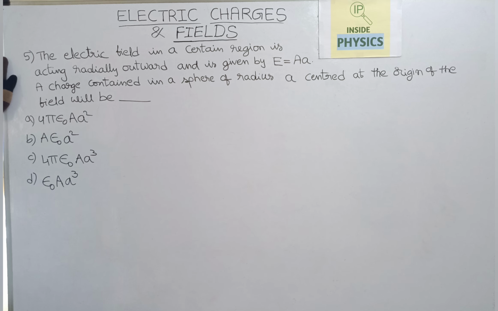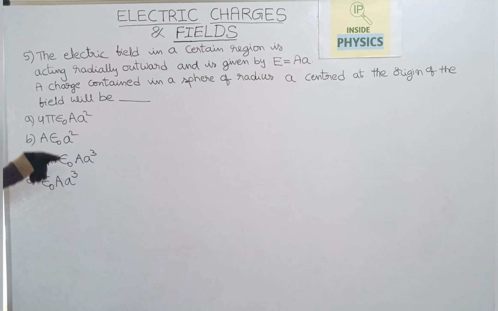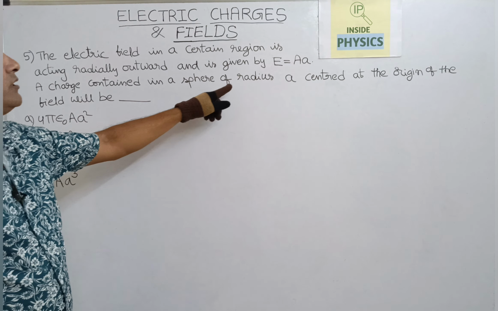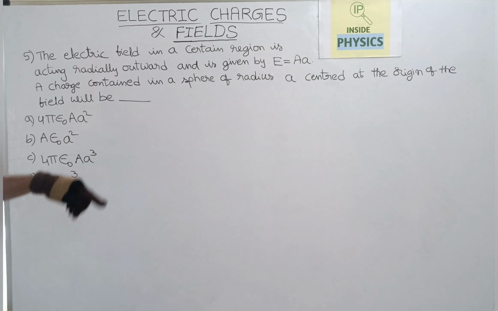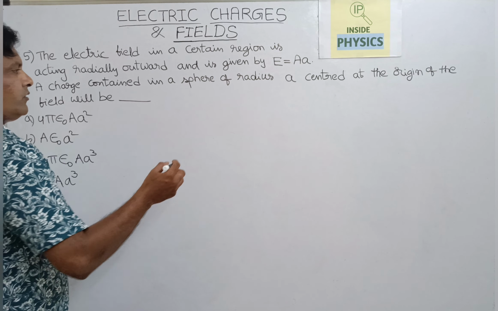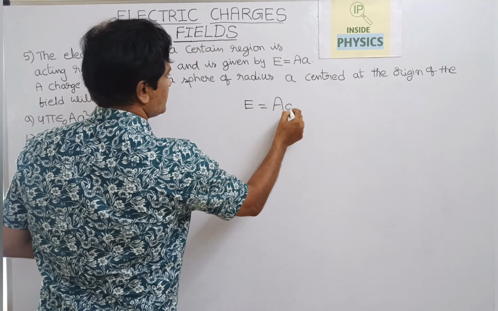Now we will see the fifth problem. The electric field in a certain region is acting radially outward and is given by capital E is equal to A into small a. A charge contained in a sphere of radius a centered at the origin of the field will be? Okay, now the field is given by E is equal to A into small a.